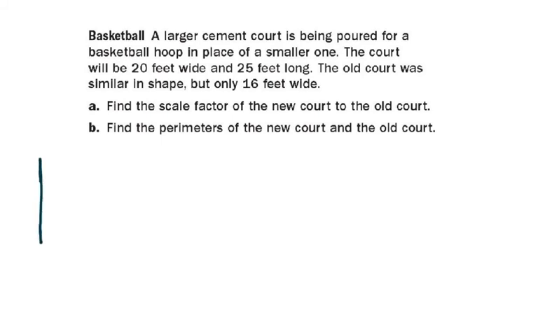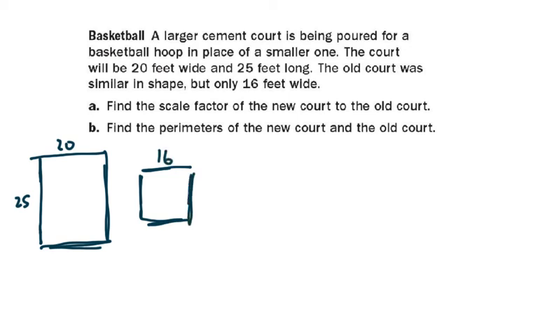We have this problem where they're telling us we've got a new basketball court that is 20 feet wide and 25 feet long. And we know that regulation courts have a certain length they're supposed to be, so this problem is silly, but here we are, and the old one is 16 feet wide.